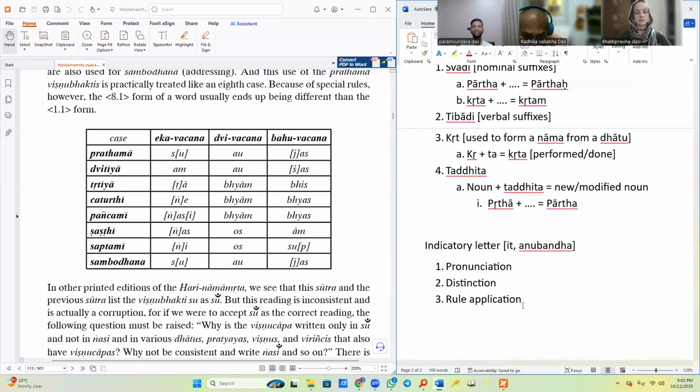For example, a sutra can say, if there is a suffix which has a certain indicator letter, then we delete something, let's say, or we replace something. So these indicatory letters become the cause of application of certain rules in the coming sutras in coming chapters. So these are the three utilities of these indicatory letters.